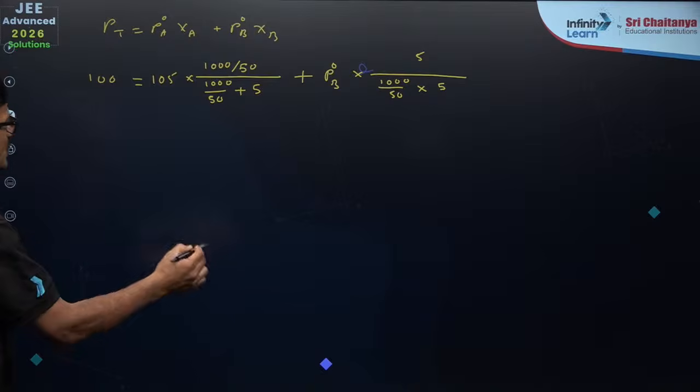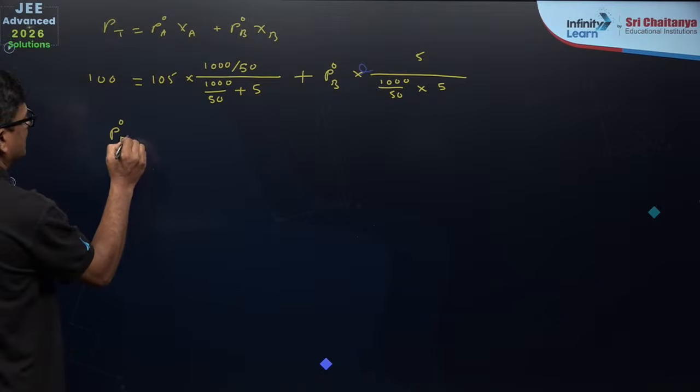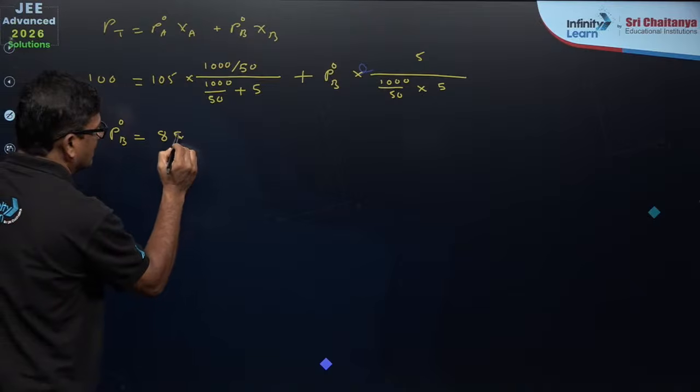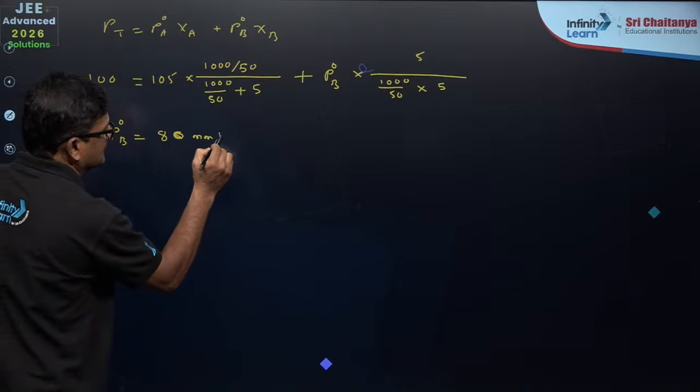On solving, I get P naught B as 80 mmHg.